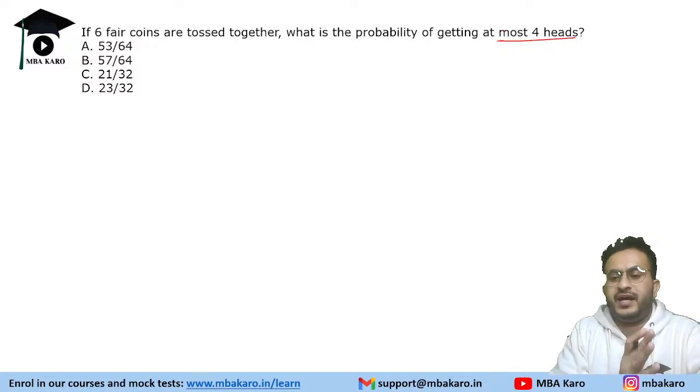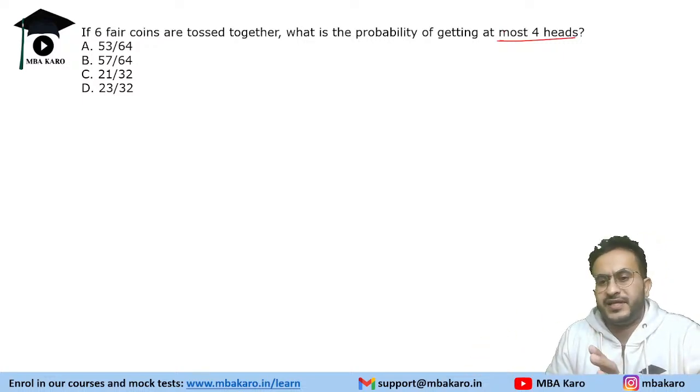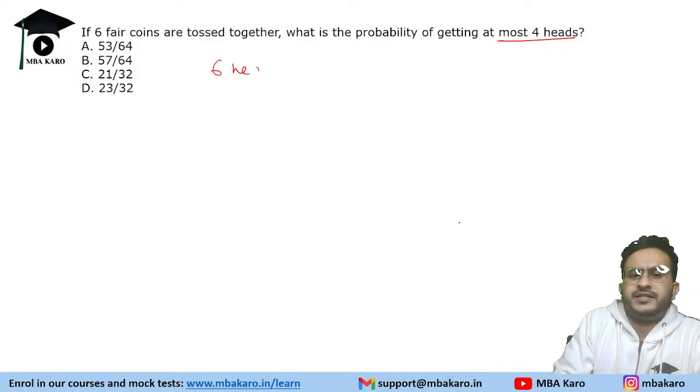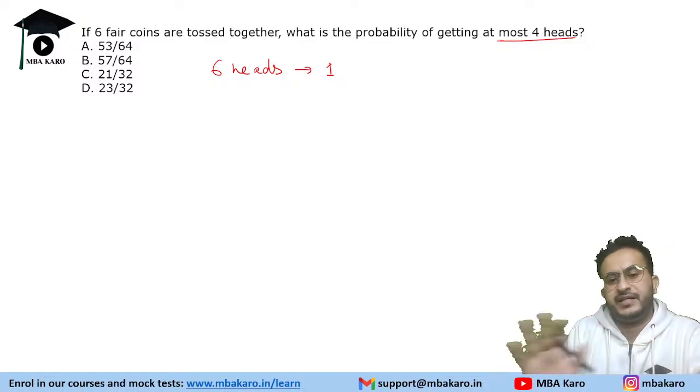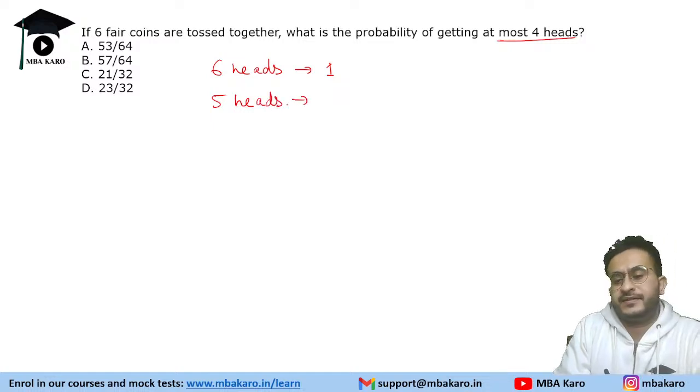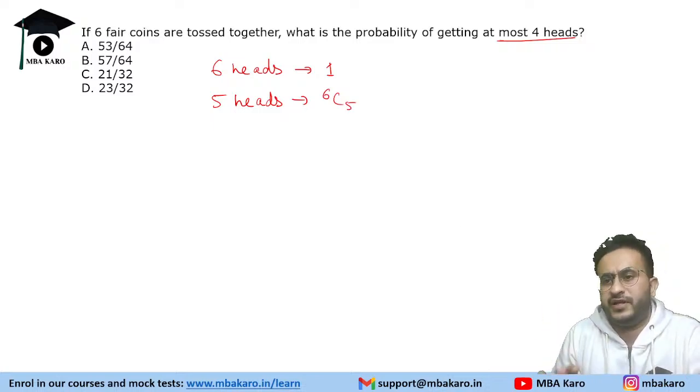Okay, so we have 0 to 6 heads, right? So remove the bad cases. How many chances are there of getting six heads? Six heads can come in only one way. Okay, all will be heads, right? And in how many ways can we get five heads? That is in six ways, or you can say one of them is not a head.